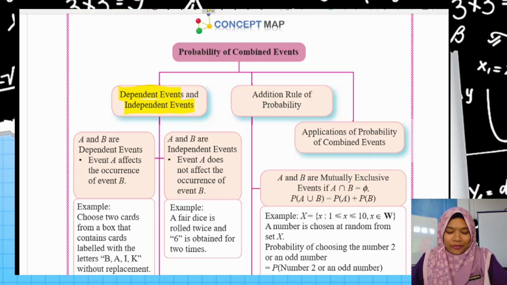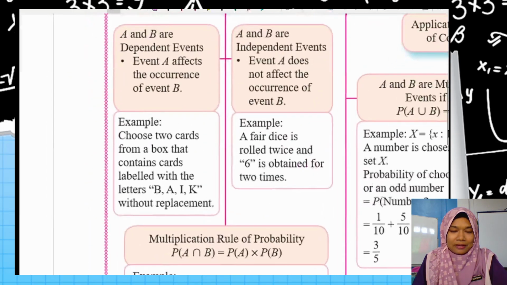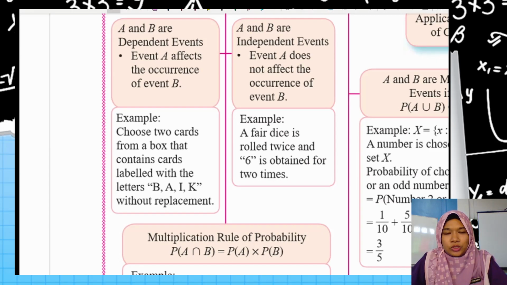For example, look at this one. Choose two cards from a box that contains cards labeled with the letters BAIK, without replacement. So you will choose two cards from a box which contains four cards, B A I K. The first time you take a card, there are four cards in the box.